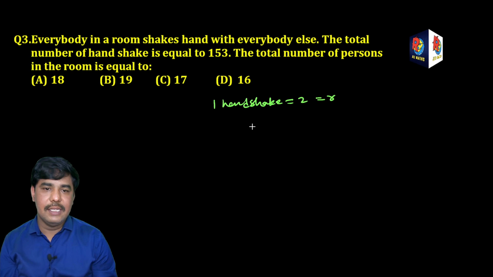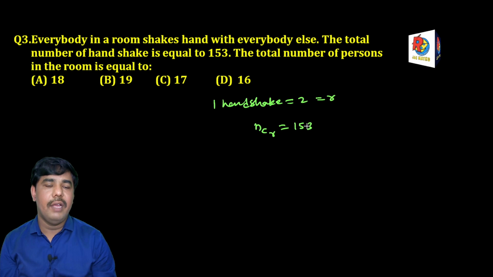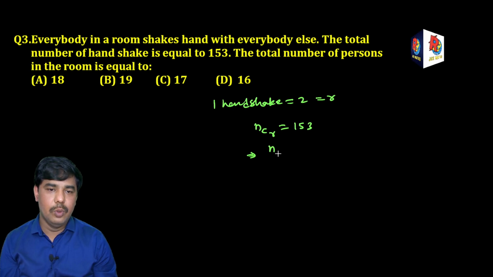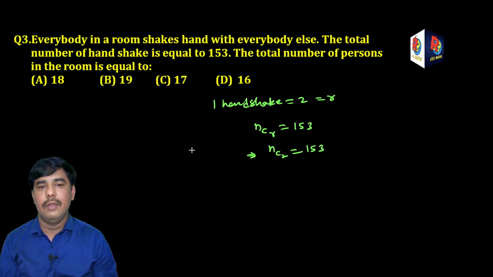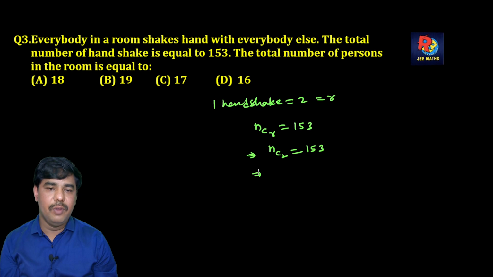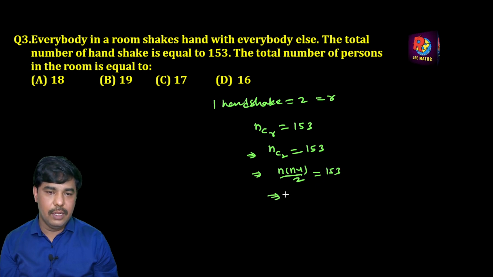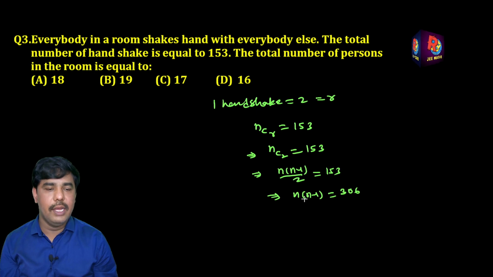So given that NCR equals 153, R value equals 2, we need to substitute. If you substitute the R value, just you can observe here, NC2 equal to 153. So NC2 formula we need to apply: n into n minus 1 by 2 equal to 153. So I can write n into n minus 1 equal to 306, 2 I need to multiply here.